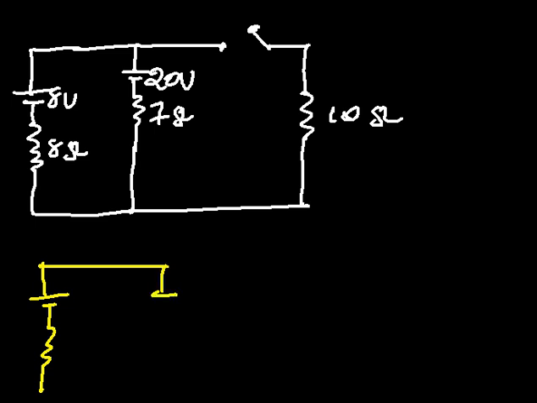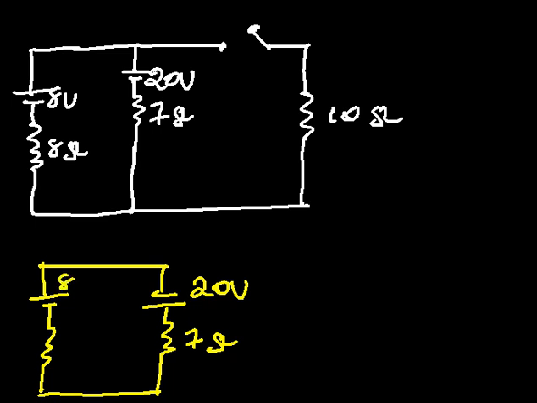You may think of having just this. Now this is the 7 ohm resistor, this is the 20 volts battery, this is the 8 volts battery, and this is the 8 ohm resistor. You'd have that.